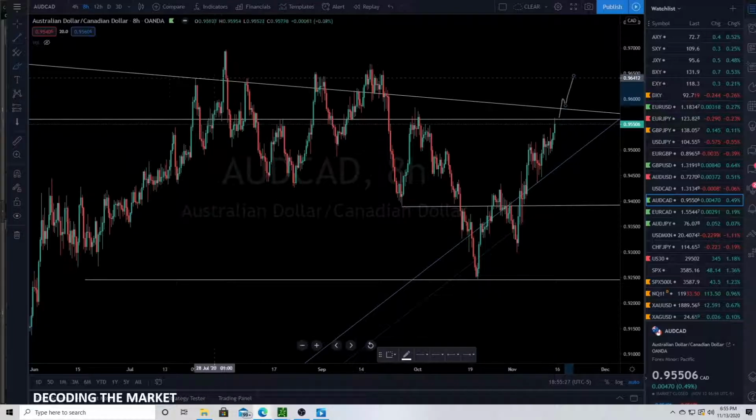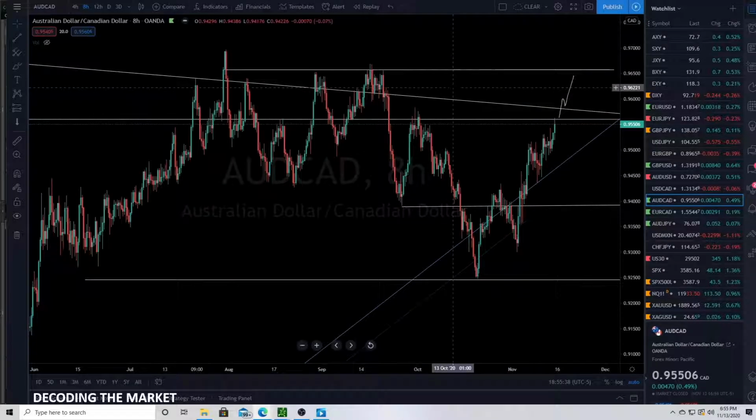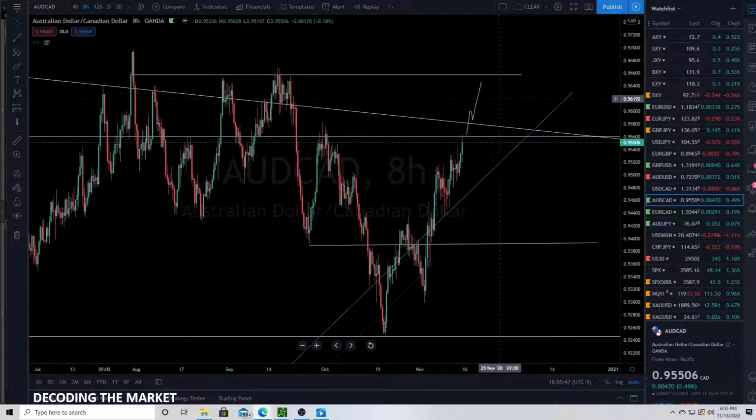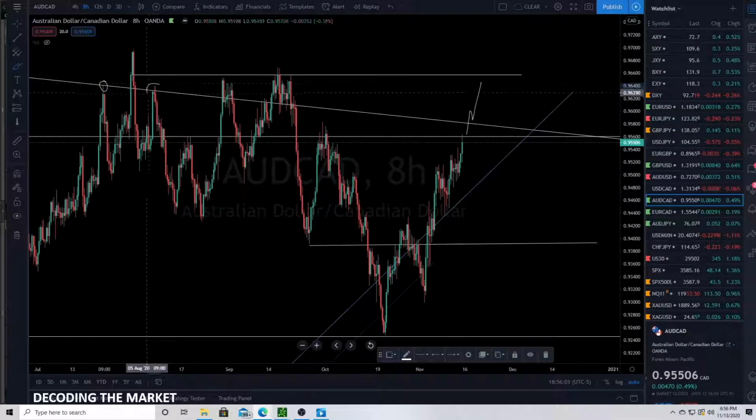If you notice, we have right here multiple levels of resistance. Let me put it right there, and right here, guys, I recommend you take your profit right up here, because the price most likely is going to react the same way at these levels, like one over here, another right here, and a couple more here.